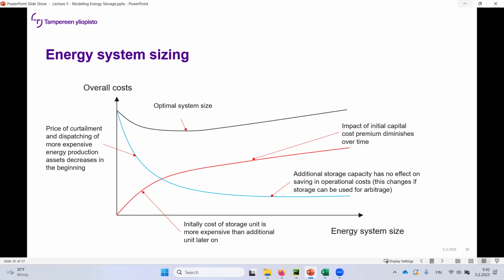You can use the cheaper wood chip as a fuel in the bubbling fluid bed, and so forth. But after a while, no matter how big of a thermal energy storage you get, it doesn't fit the system anymore.